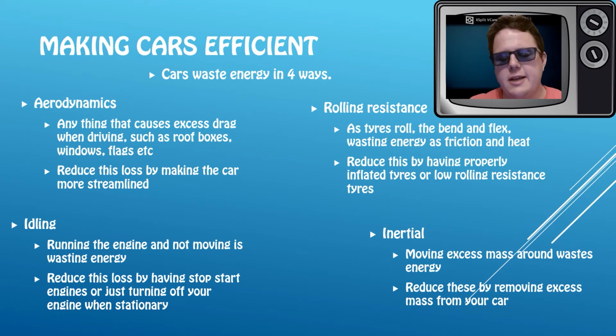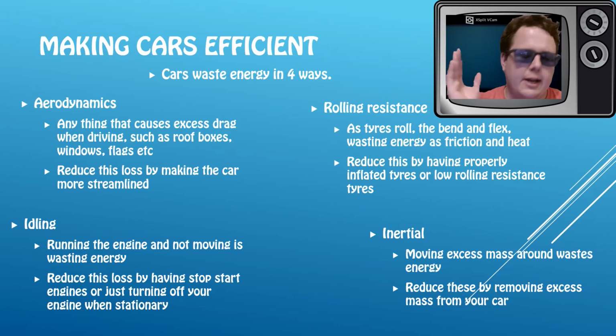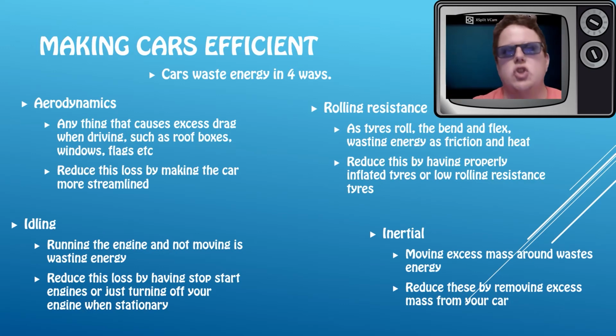Okay, making cars efficient. There are 4 ways to make cars more efficient. That is, make them more aerodynamic, make sure that they are more streamlined. Anything that's going to affect the ability of the car to pass through the air is going to affect the efficiency of a car. Now, rolling resistance is all about, basically, as your tyres roll round, they squash and they bend and they flex.